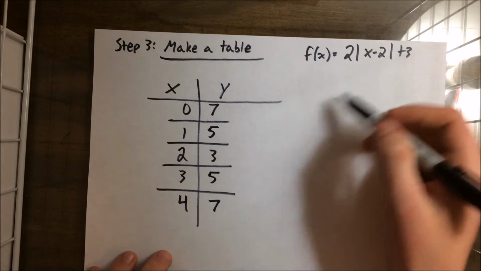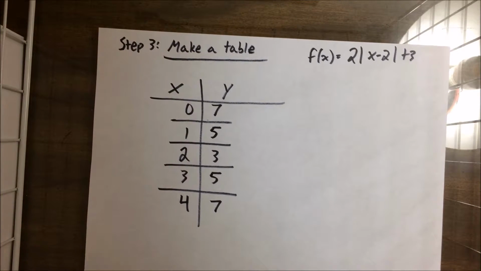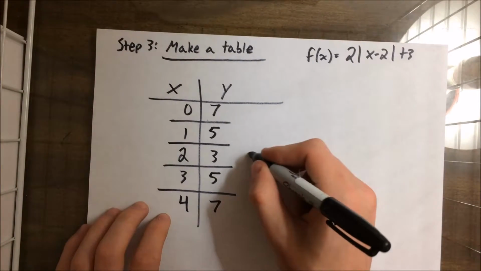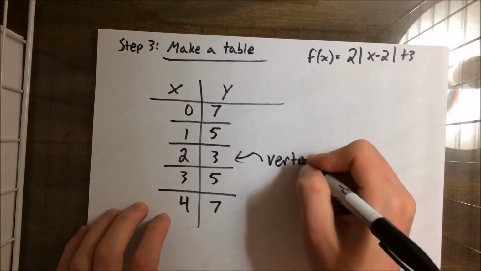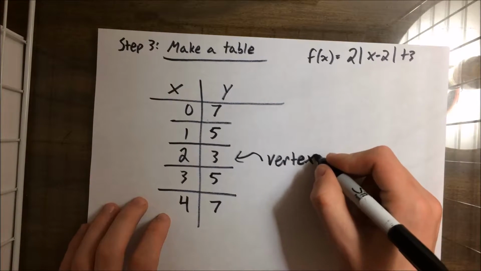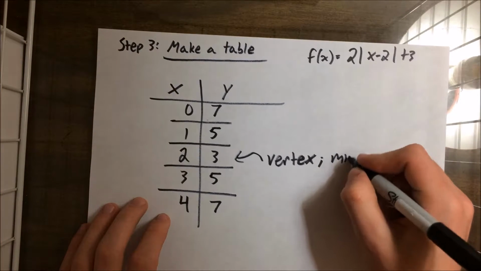And if you check your math, it works out. So this is the vertex right there. I always put the vertex in the middle of my table, and in this case the vertex is the minimum.